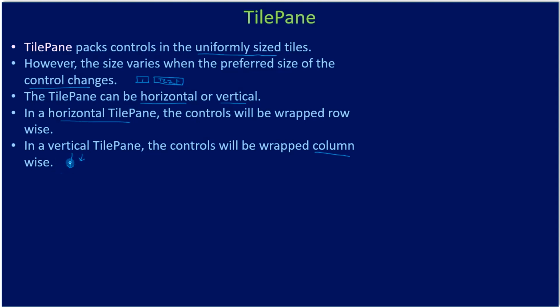So based on the height, the wrap will happen column-wise in a vertical tile pane. The setOrientation method will decide the wrapping, or we can say it will decide the tile pane's type, whether it is horizontal or vertical. That can be decided by the setOrientation method of the tile pane.